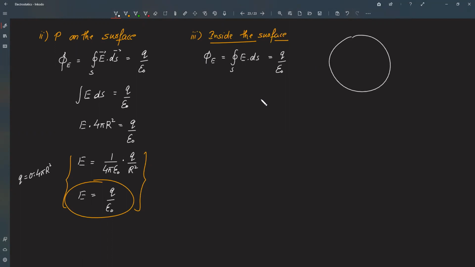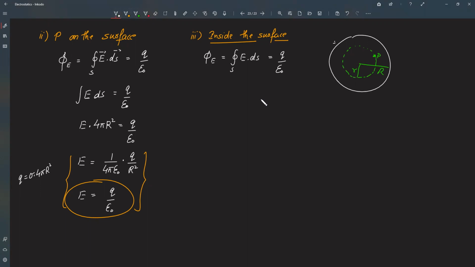This is the sphere and your Gaussian surface, because the point is here. So you have to take a Gaussian surface passing through that point P. That will be nothing but this sphere, which is inside this. The actual radius of the sphere is capital R, and this is small r. That is the only difference, right?